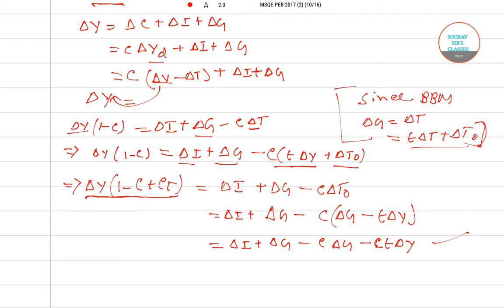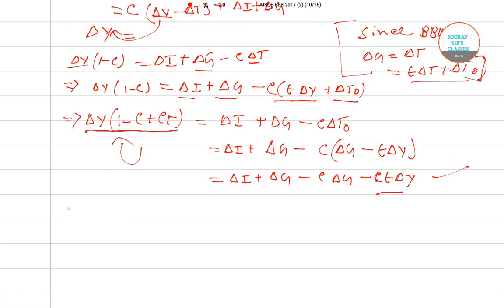Now if you bring this term on the left hand side and take change in y outside, you get change in y 1 minus c plus ct minus ct equals change in I plus change in g 1 minus c. So here these terms get cancelled out.